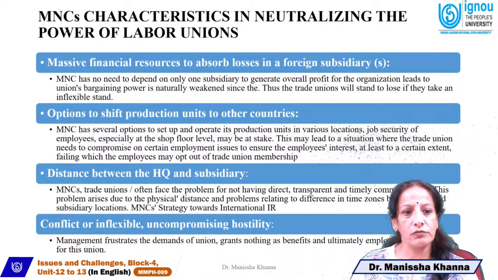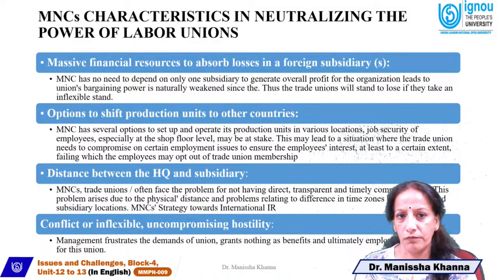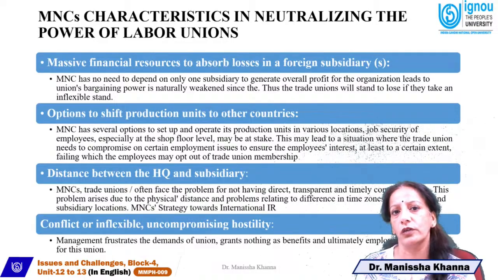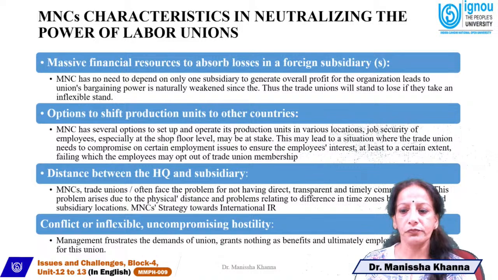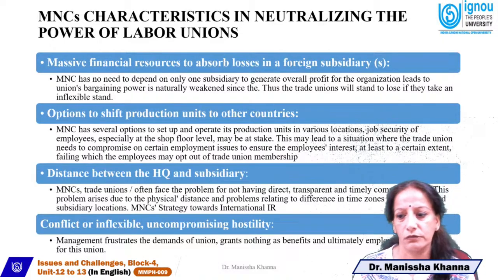So when management frustrates the demands of the union, and the trade union cannot negotiate or bargain with the employers about the benefits, or if they go on a strike on the demands and management does not agree, then again those employees or members do not vote for that particular trade union.